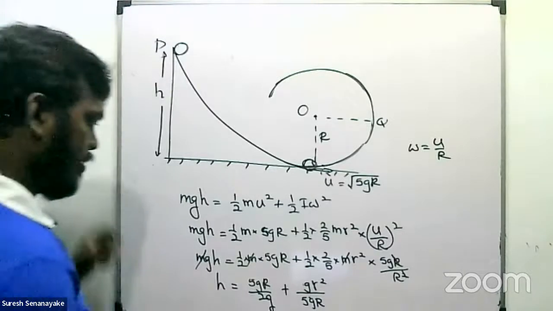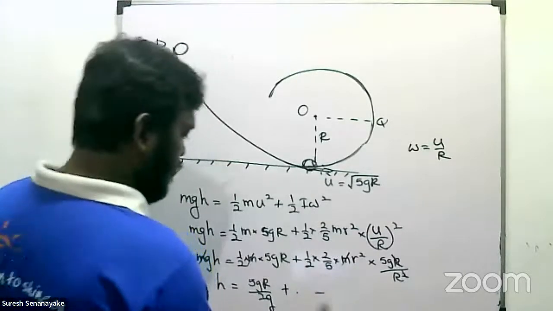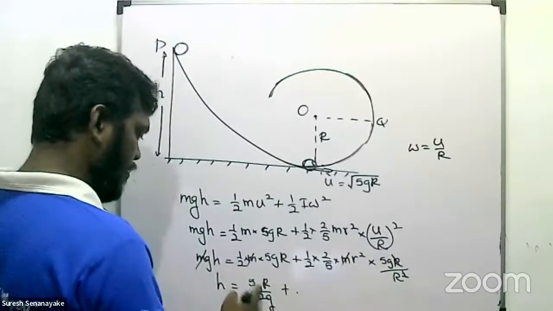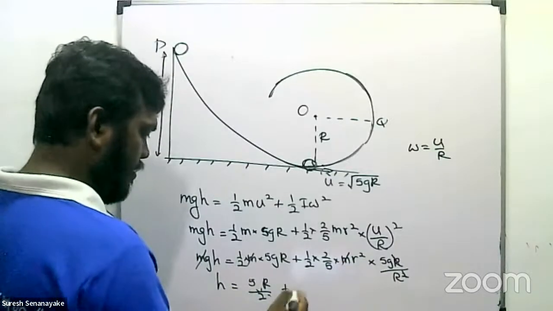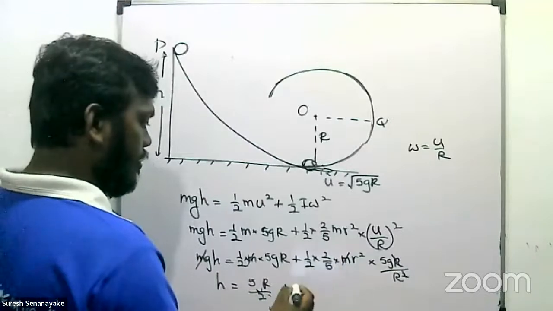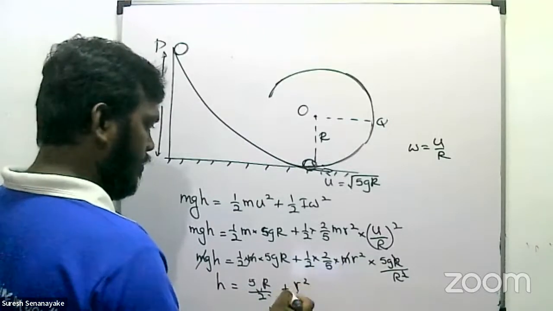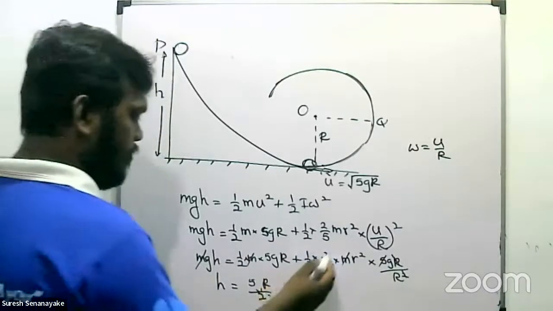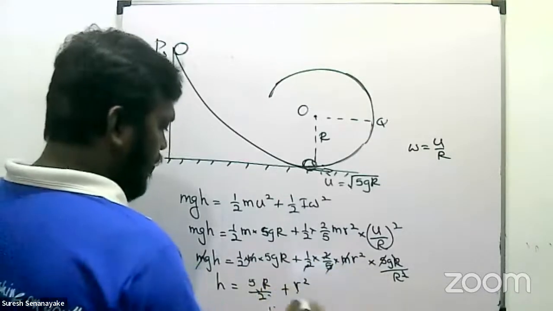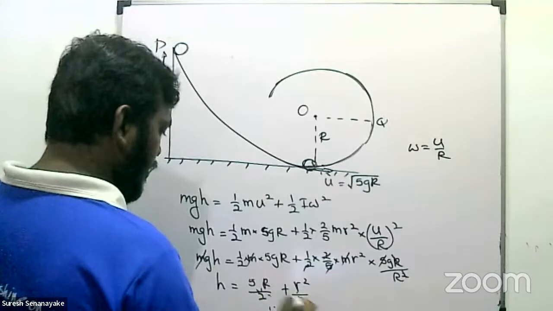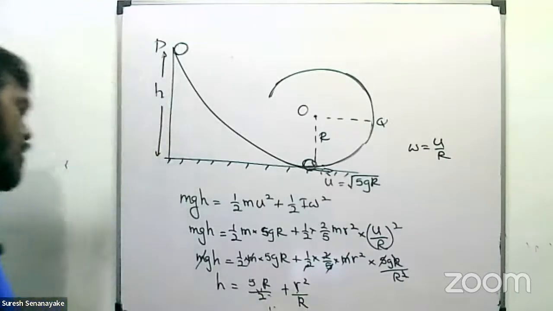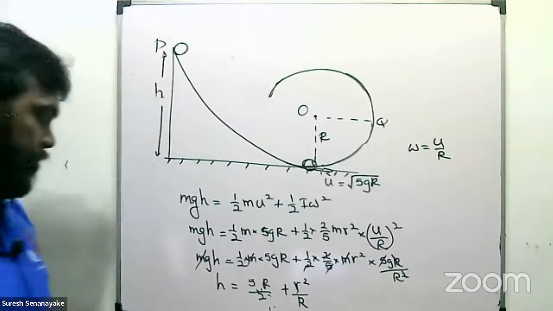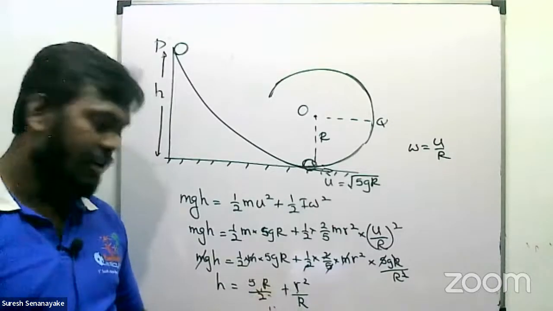The g cancels, the 5 cancels, the 2 cancels, leaving r square over capital R. So this is the height: h equals 5R over 2 plus r square over capital R.